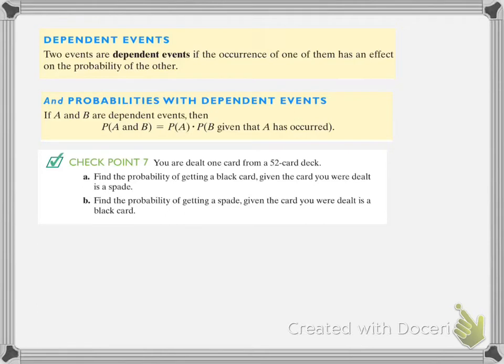So let's do an example here. I'll make this a little bit easier. So look at part A here for a second. You were dealt 1 card from a 50-card deck. Find the probability of getting a black card, given the card you were dealt is a spade.